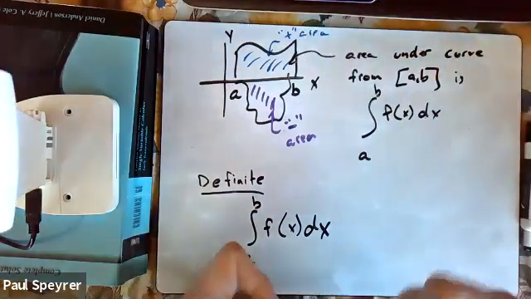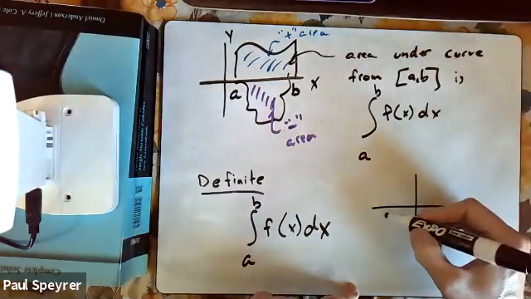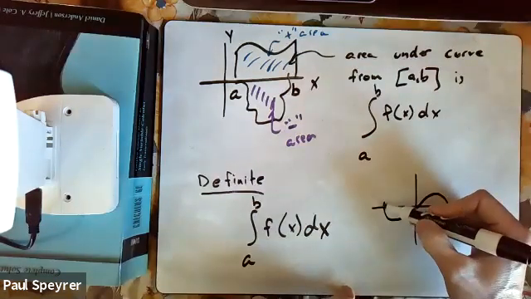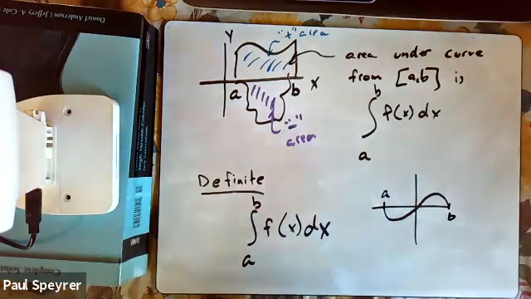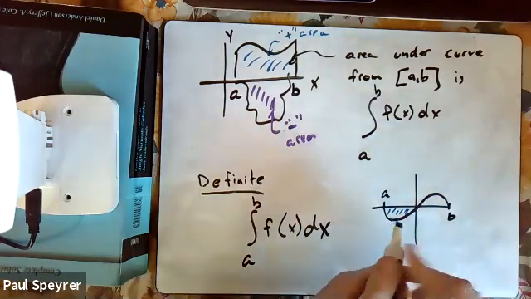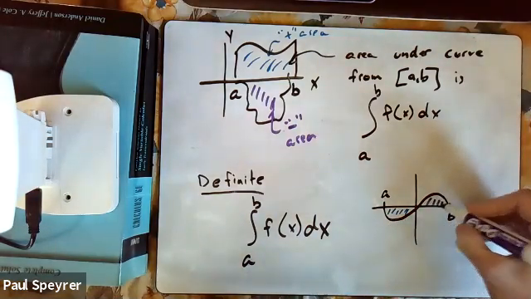And of course, it's completely possible to have a graph where it goes like this, and they say this is A and this is B. If you had to figure out the area from A to B, this chunk would be negative and this chunk would be positive.